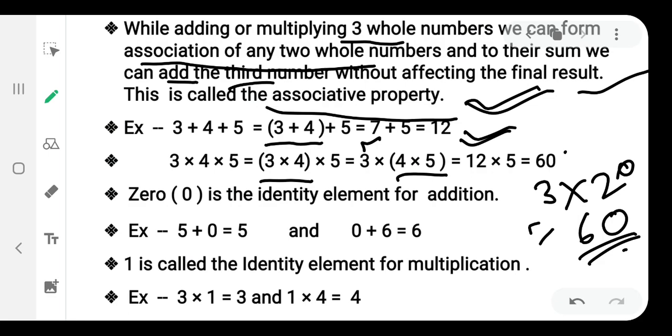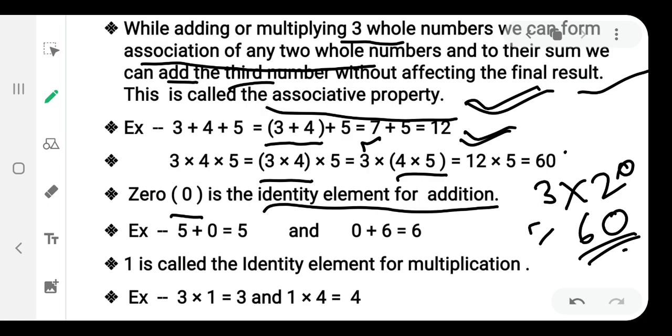Now the next property is that 0 is the identity element for addition of whole numbers. Identity element always means on adding that element we are not affecting or changing the number, we get the same number as it is.